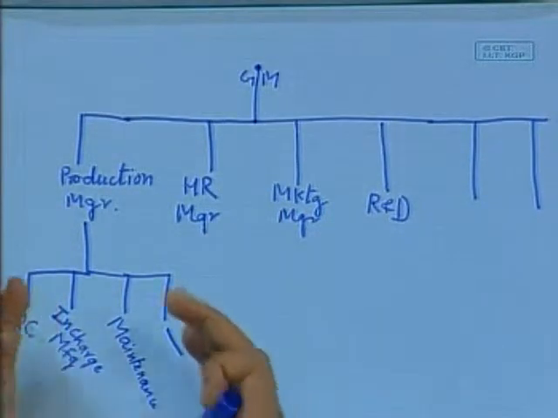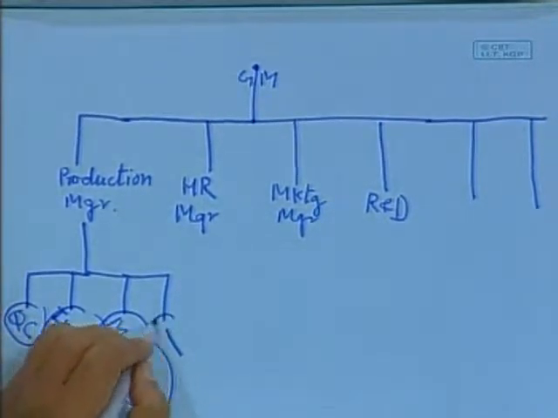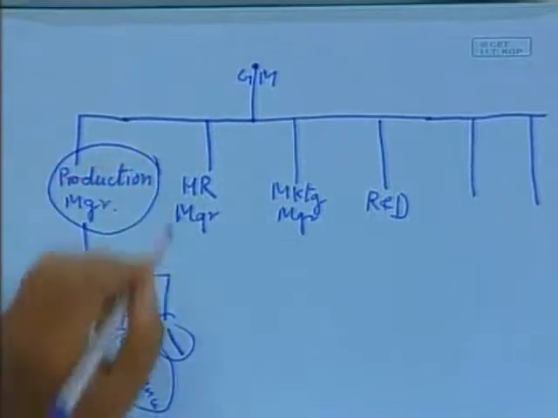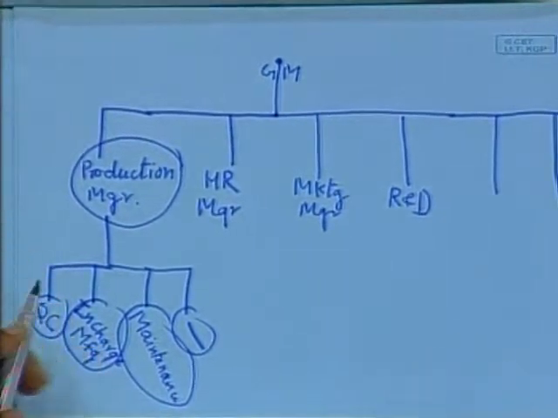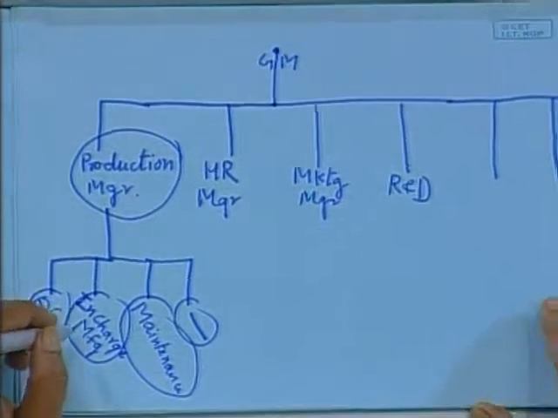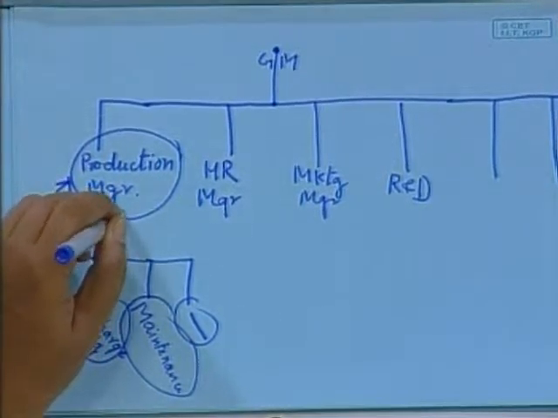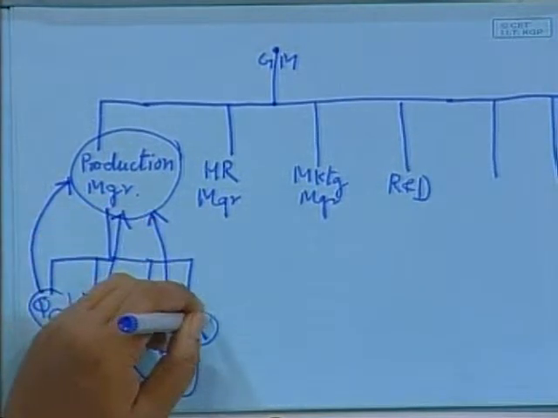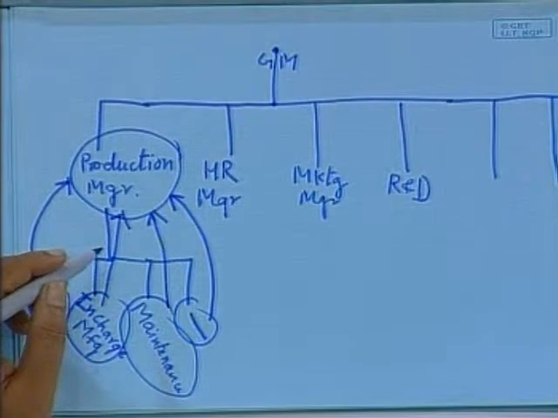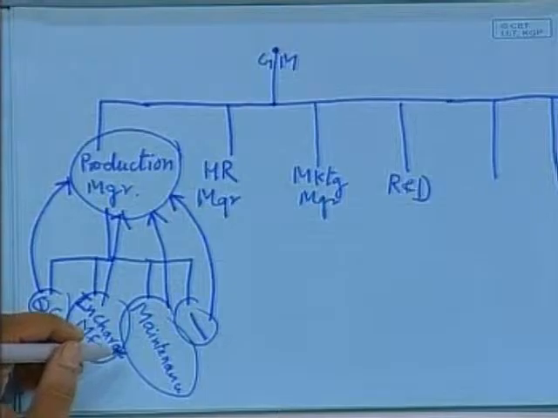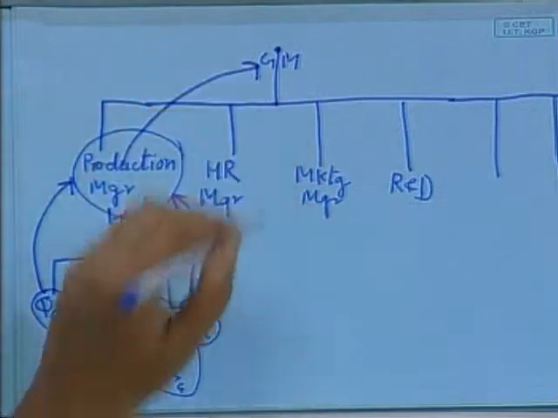These activities are part of the production process, isn't it? Whether it is the quality control in charge, the manufacturing in charge, the maintenance person or the other person working under the production department, they will be reporting to whom? The production manager, and the production manager is reporting to the GM of the company.